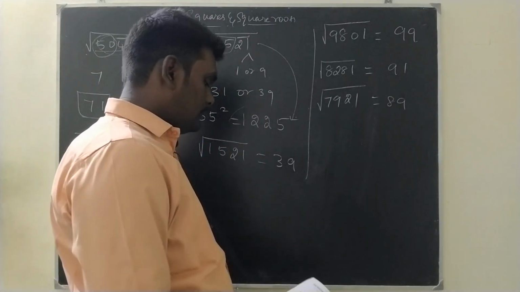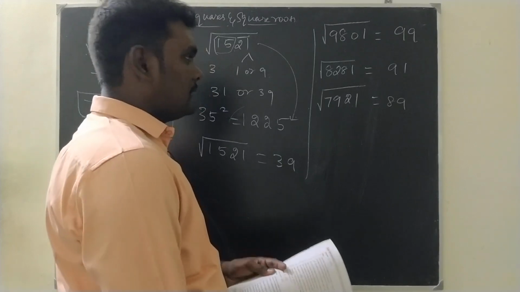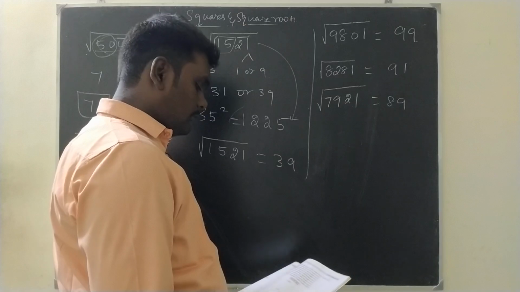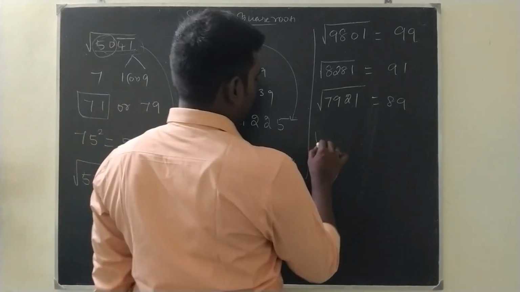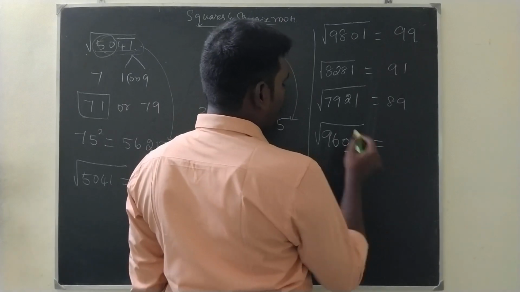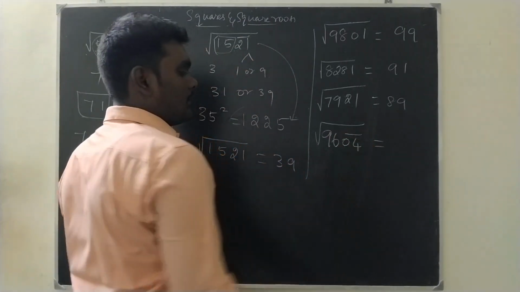Good. Now, a few more examples, but not ending with one. You see 9604. Can you say what could be the unit digit of this square root?